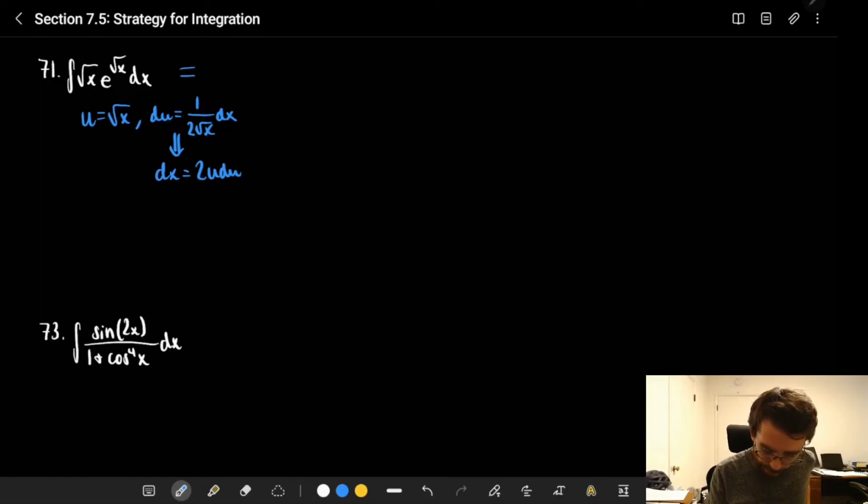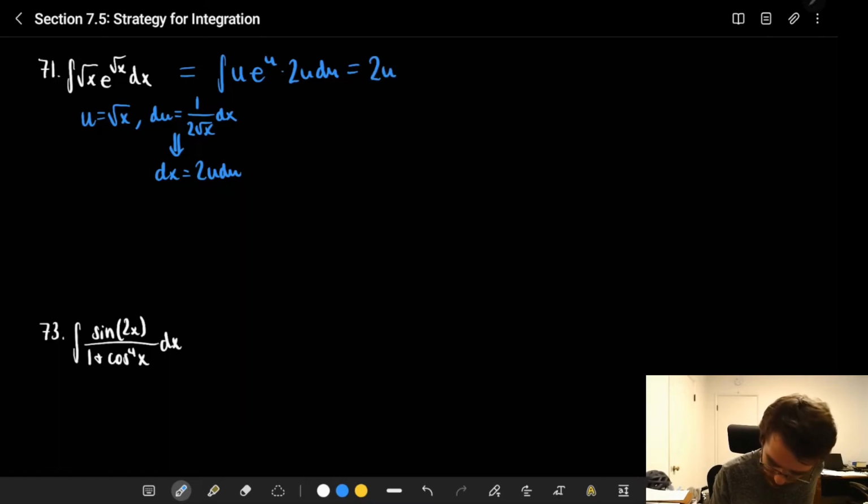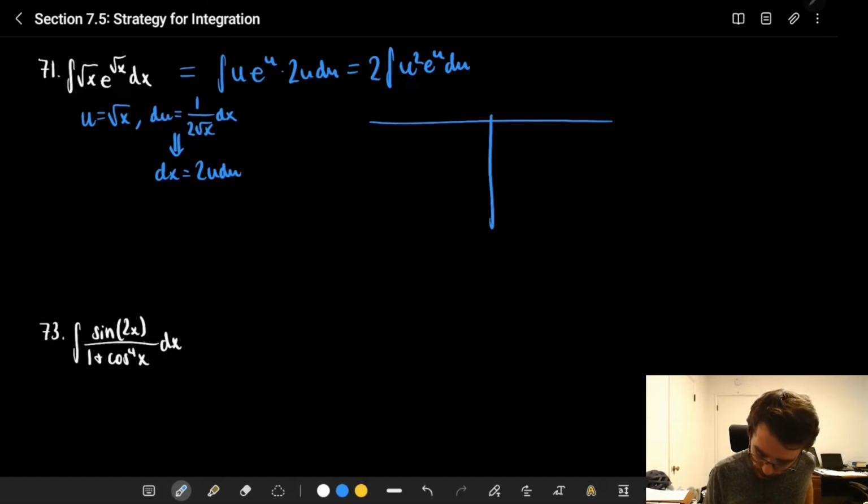This should be now the integral of u, e to the u, times 2u du. Let's pull the 2 out: u squared e to the u. Perfect example of integration by parts that we can use a table for. That is really wide.